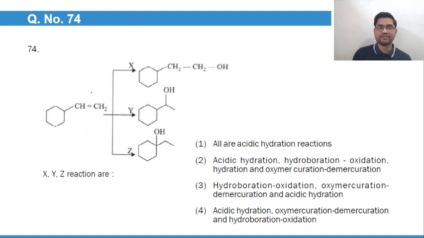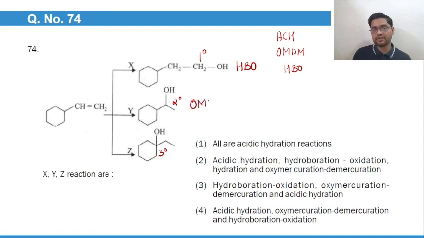74. X, Y, Z, R. If you see this reaction, they all are addition of OH, that means hydration of alkyne. Hydration of alkyne is done by ACH, that is acid catalyzed hydration, or OMDM, that is oxymercuration-demercuration, or HBO, that is hydroboration oxidation. This is a 1 degree alcohol, this is a 2 degree alcohol with no rearrangement, this is a 3 degree alcohol. For the 1 degree alcohol, I'll go with hydroboration oxidation.